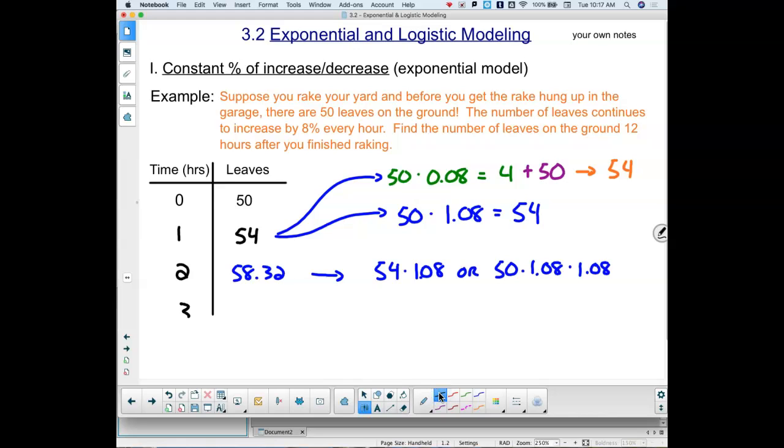Let's say you couldn't wake up from your nap, and then an hour later your kids come and jump on you. Happens all the time. Now, how many leaves are on the ground? Pretty close to 63, right? 62.9856, right?